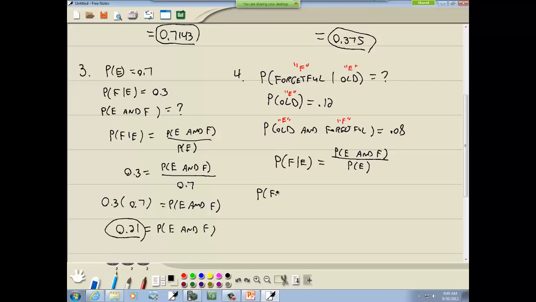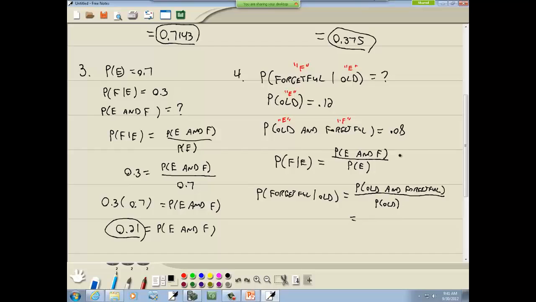So this is what they're asking for right here. The probability of forgetful given old. And this is the probability of E and F, which is the probability of old and forgetful, over the probability of E, which is the probability of old.